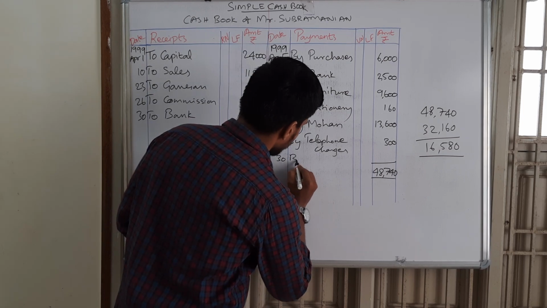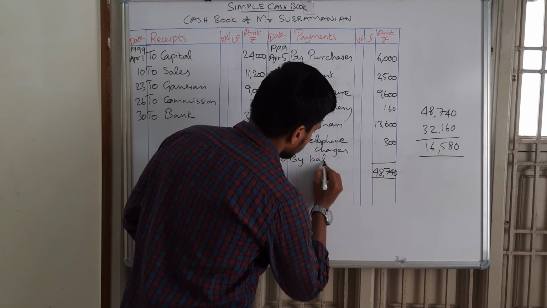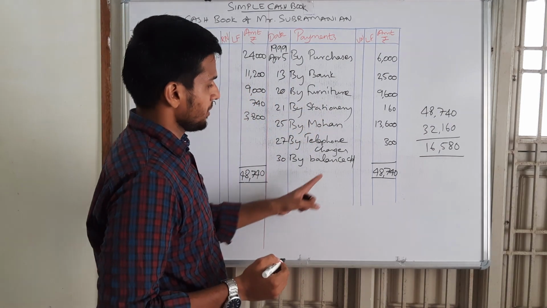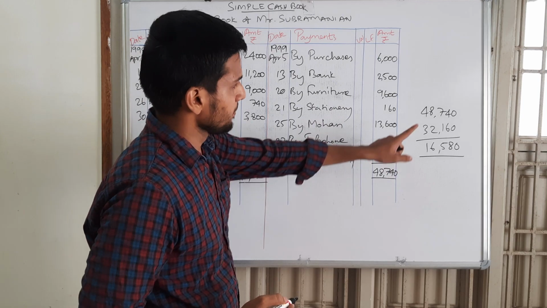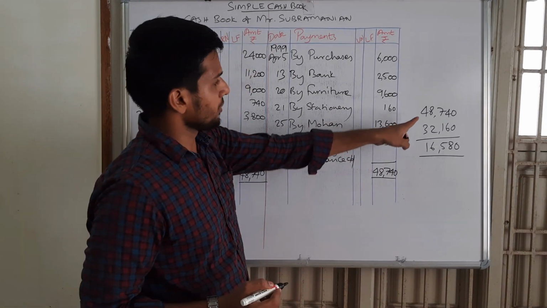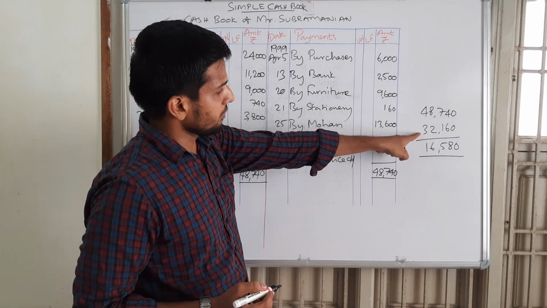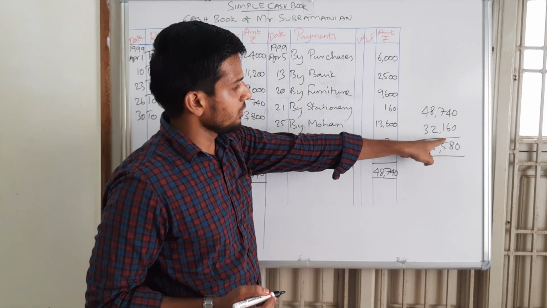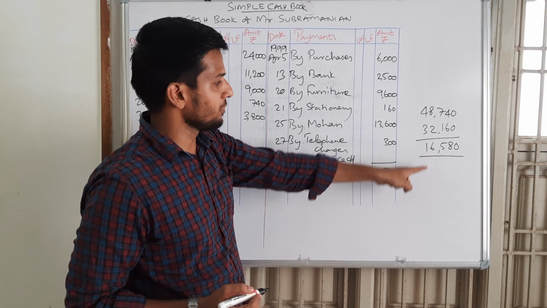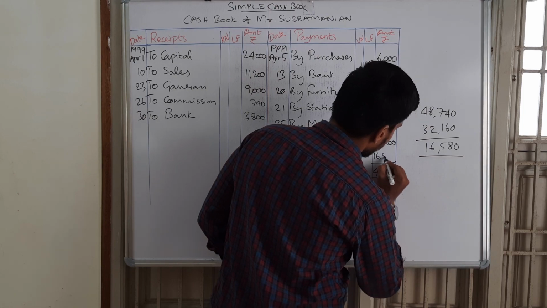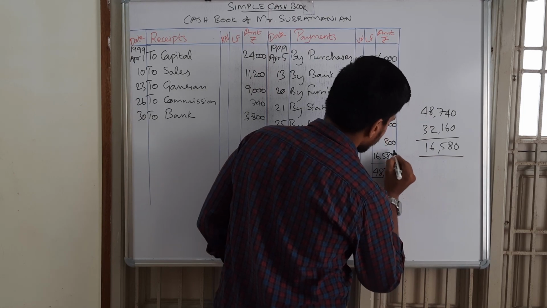So by balance carried down must be found out. The greater total is 48,740, on the debit side, and we have the credit side total of 32,160. So the difference value is 16,580.